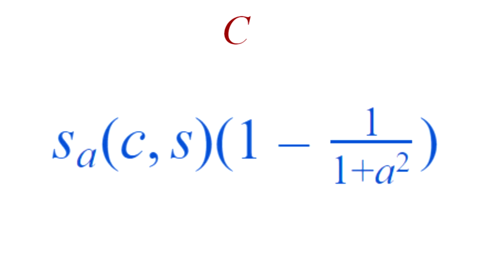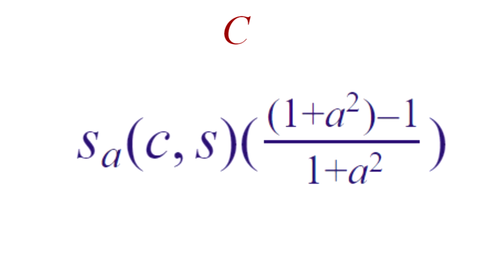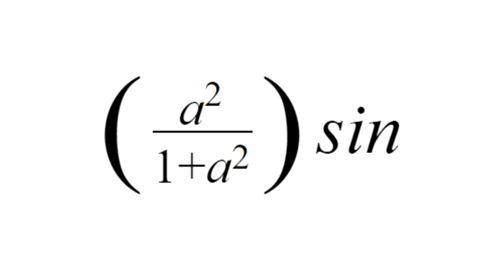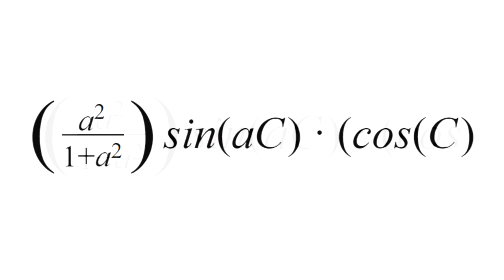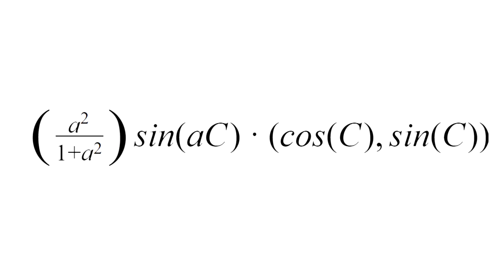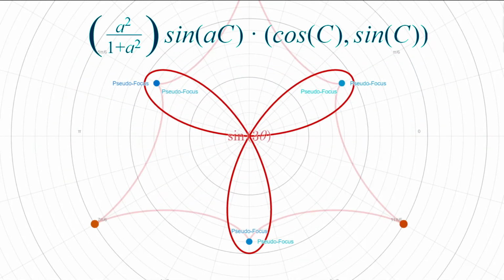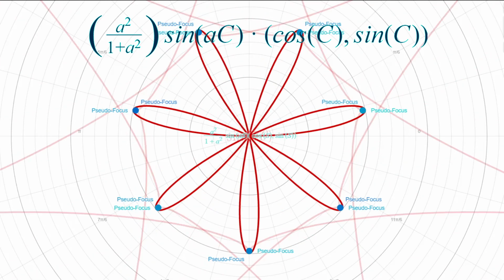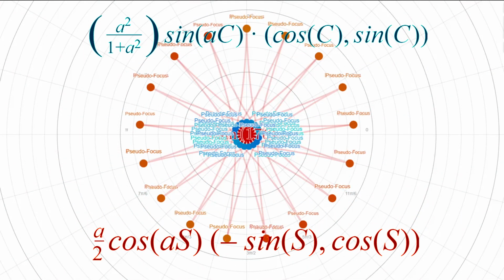So in the end, the parameter will be the pseudo-focus coordinates of a squared over 1 plus a squared times sine a big C times cosine big C, sine big C. And finally, we have the last set of pseudo-foci which reside inside the rose curve's petals. And so, we have all our pseudo-foci.